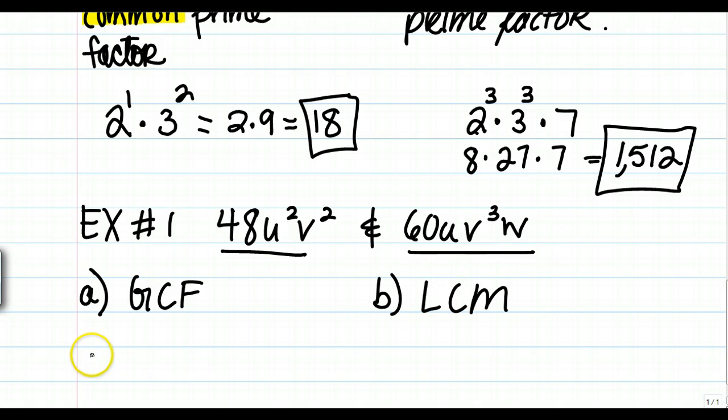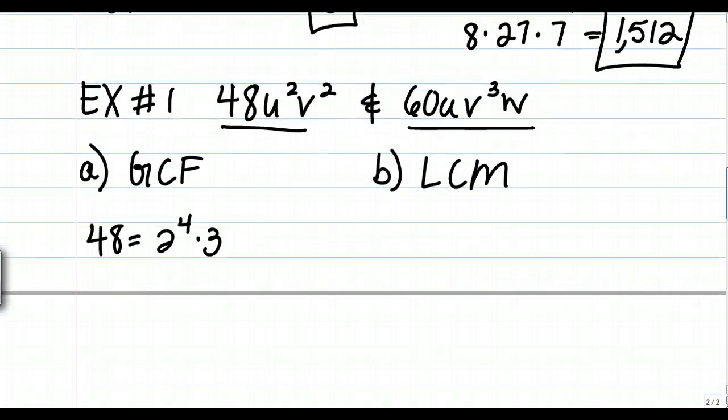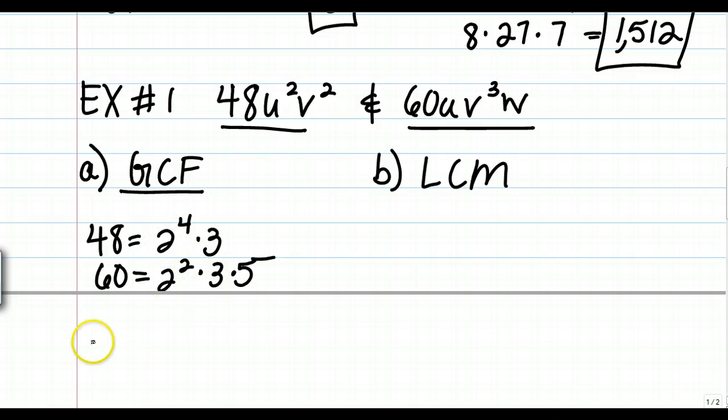So I will break it down for you. 48 is going to be 2 to the 4th times 3. And 60 is going to be 2 squared times 3 times 5. So you know with GCF, you are going to take one of every common base number.